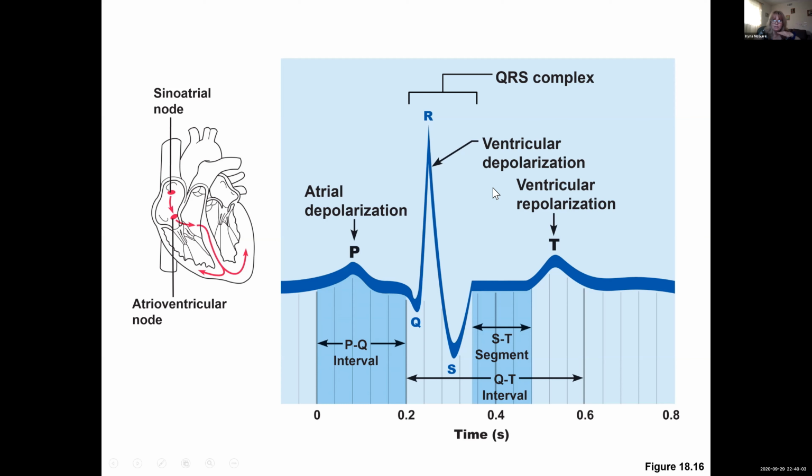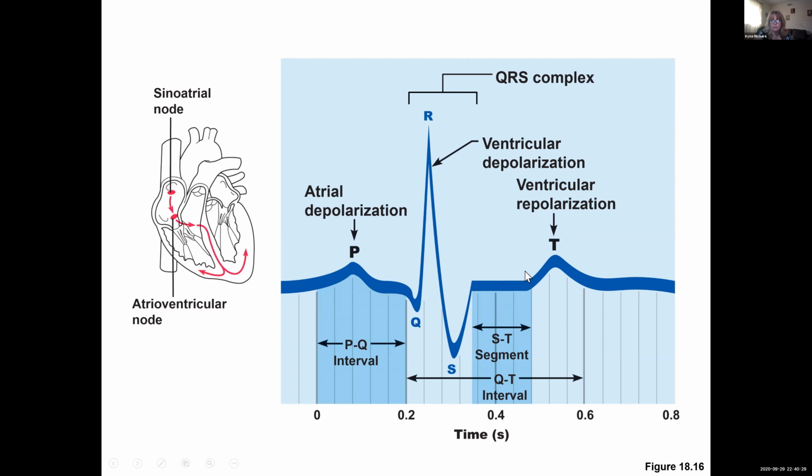Normally inside cells are negative and the cell is positive outside. But when we have depolarization, ventricular cells become positive inside. So this is depolarization. Ventricle repolarization, that is the T wave, when we go back to how it's supposed to be, negative inside.